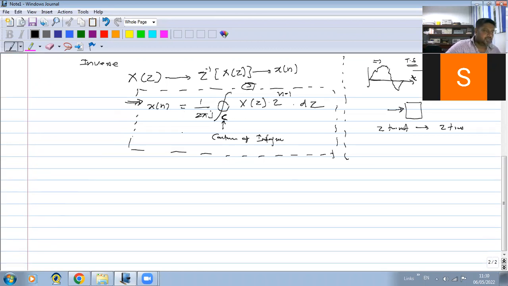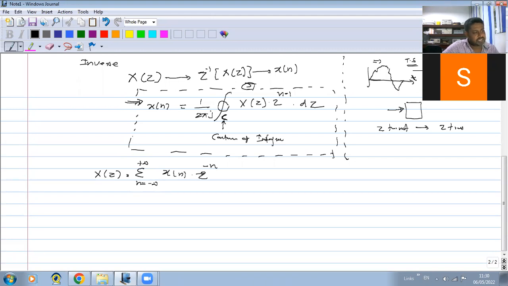So we have this identity: X(z) is equal to the sum from minus infinity to plus infinity of x(n) z to the power minus n.